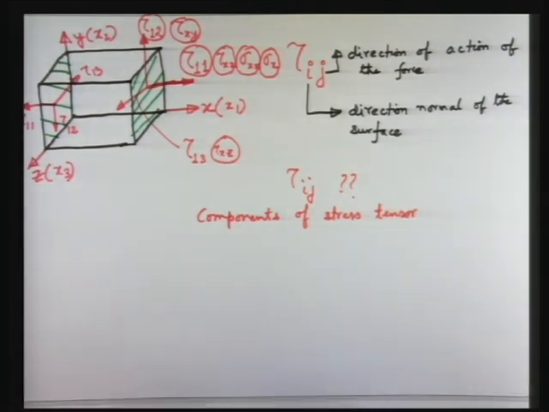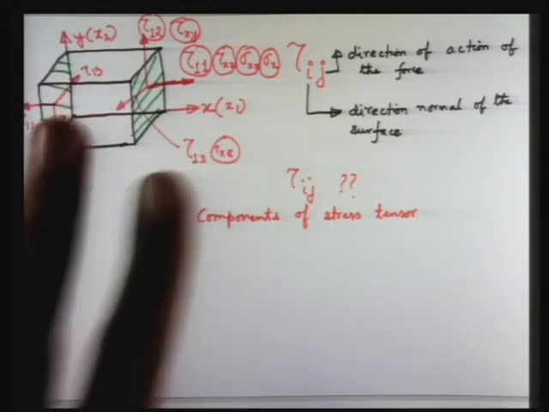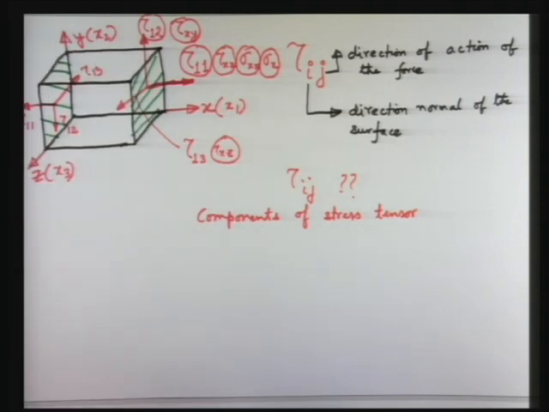It is very difficult to introduce at the beginner's level what we actually mean by this, but we can simplify the conceptual understanding to a level which is acceptable to young undergraduate students. Otherwise, once you tell the name of tensor, it only creates tension in the mind of people. So it is better to talk in terms of that.